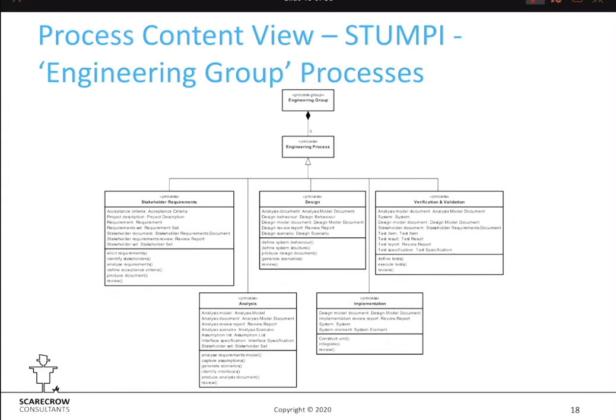Here's a much more detailed one where we are looking at the processes within that process group. So we've got 5 engineering processes: stakeholder requirements, design, etc. The way we do this in SysML is we use a SysML block to represent a single process, again with the stereotype on.